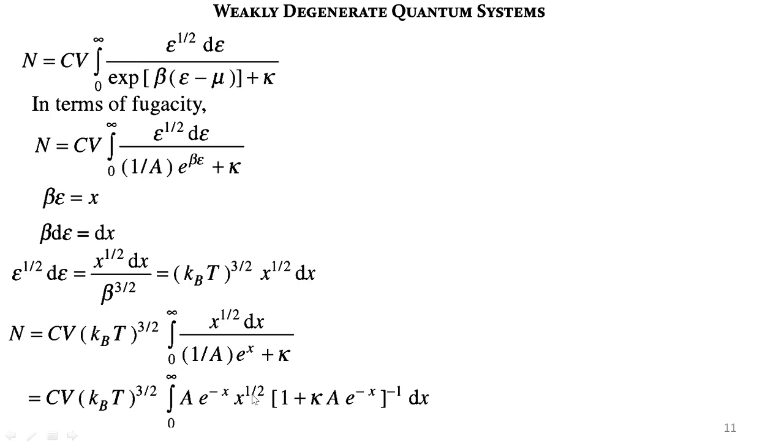I mean, 1 plus k into a into e raised to the power minus x, all raised to the power minus 1. Now you would say, okay, we had e raised to the power x here, and why is e raised to the power minus x now here? For that, what we have done is we have taken e raised to the power x common in the denominator itself.